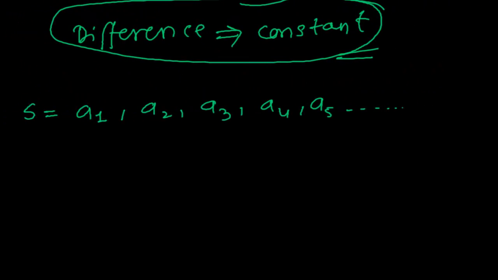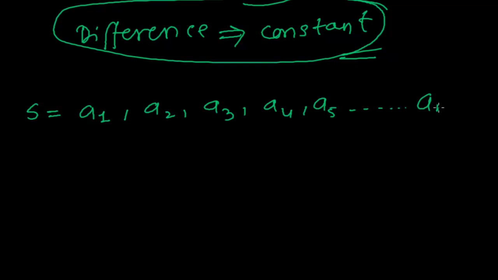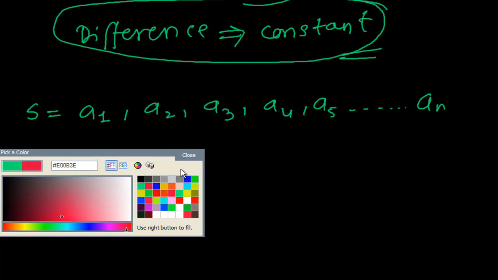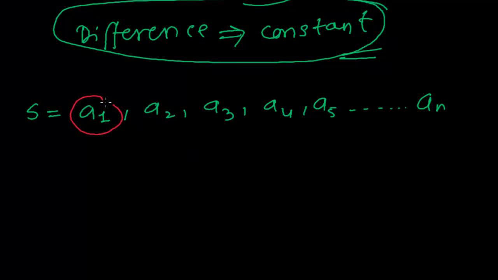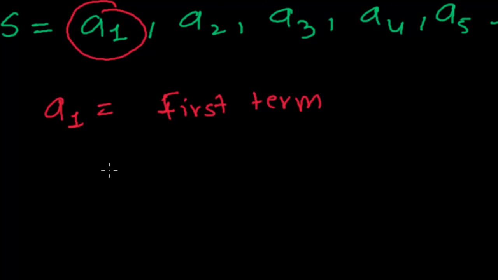Suppose it is up to AN, the Nth term. A1 is called the first term, and this AN is called the nth term.